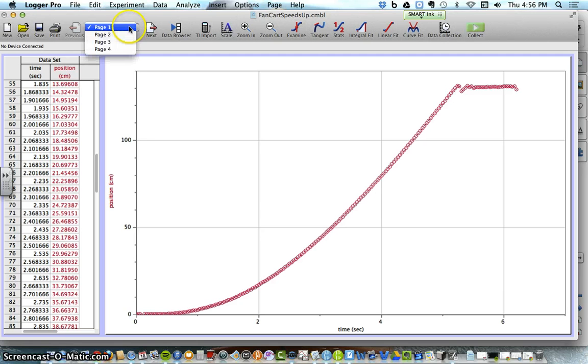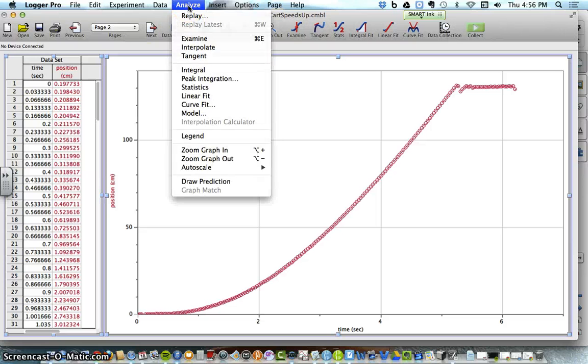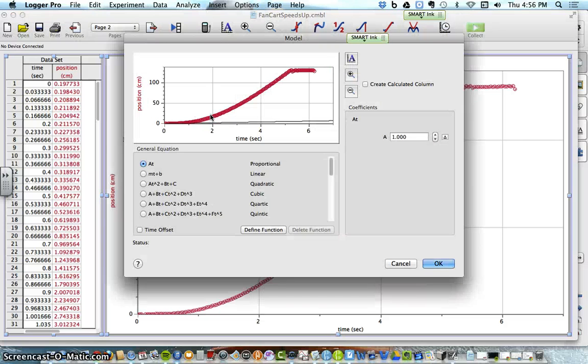Now, after that, you made an equation for this beautiful curve. You went analyze, model, and it wasn't proportional, it wasn't linear, it was a quadratic equation.